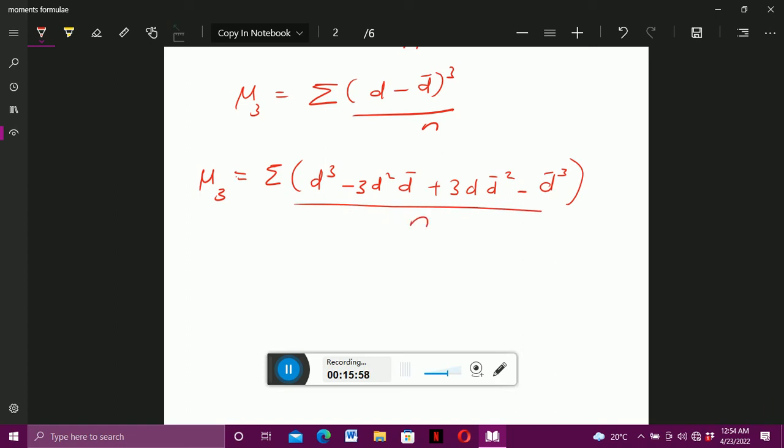So d cubed minus 3d squared d bar plus 3d d bar squared minus d bar cubed.